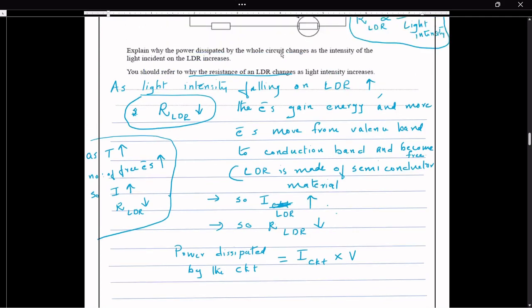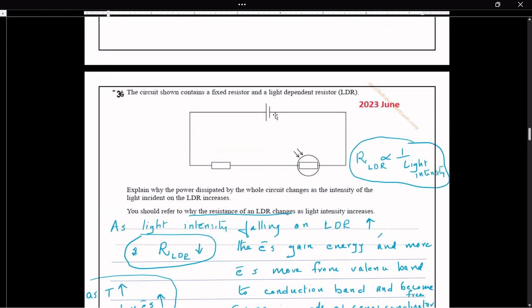And here the voltage is the supply voltage, that is the cell voltage. The cell voltage is fixed, it's not changing. The same current is flowing through the fixed resistor as well as the LDR. LDR current is equal to I of the circuit.